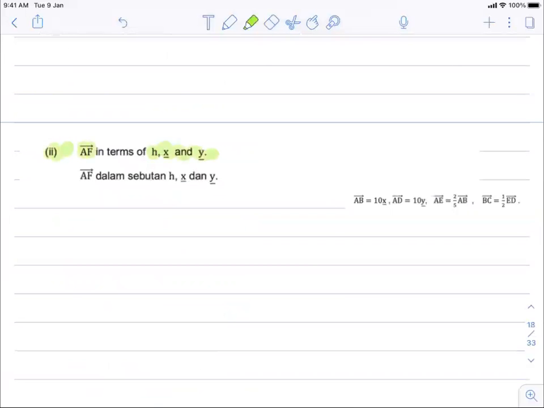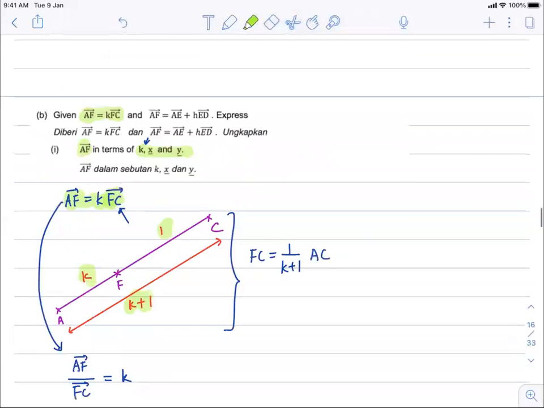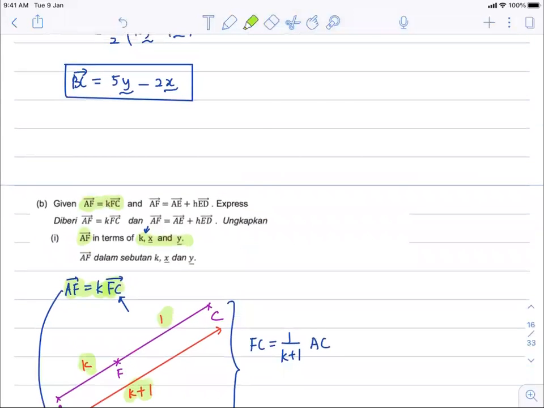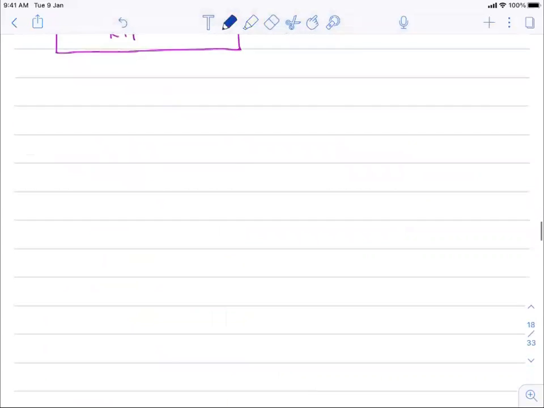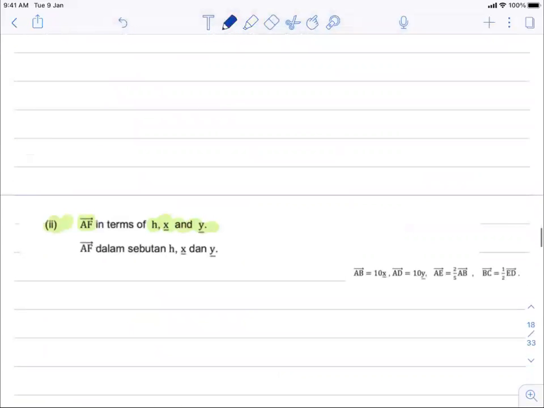So this time, we need to use another equation over here. AF equal to AE plus HED. We need to use this AF equal to AE plus HED. AF is equal to AE plus HED.